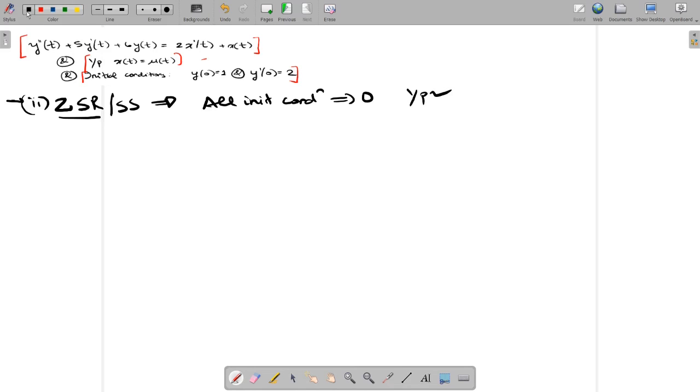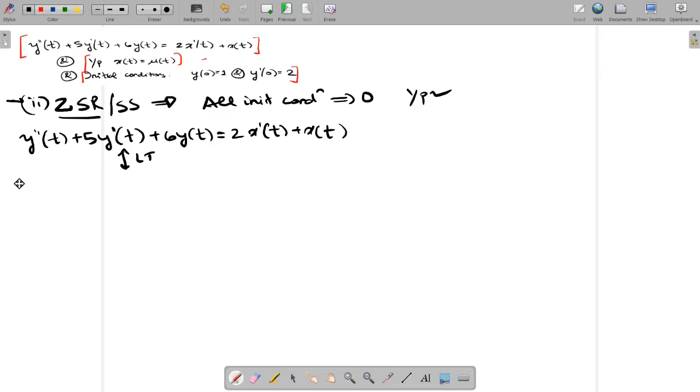Fine. So now my sum is y double dash of t plus 5 y single dash of t plus 6 y of t is equal to 2x dash of t plus x of t. Okay, let us take the Laplace transform for this. So you have unilateral, please don't forget.